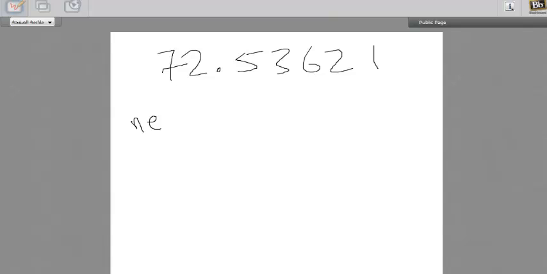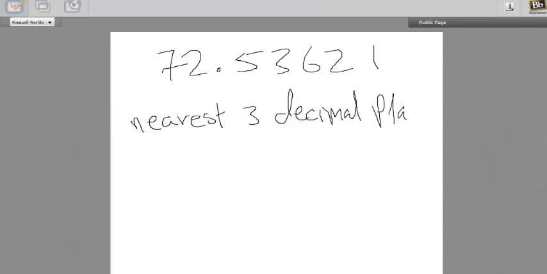If you have a number, let's say 72.53621, and I ask you to round it to the nearest 3 decimal places, what you do, obviously, you've got your whole number, which is 72.